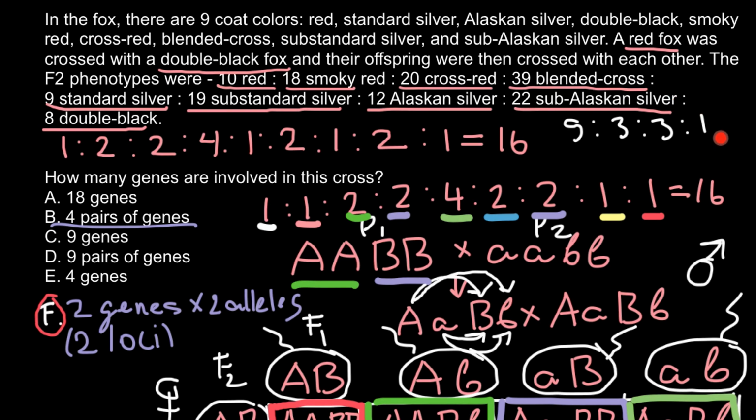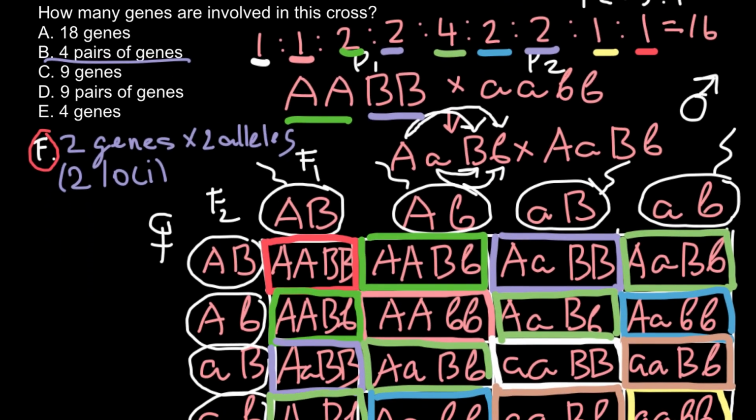If we add all these numbers, we get 16. Within the last month, I also showed you different videos with other ratios that also would give 16 if we add all the phenotypes. For example, 12 to 3 to 1 also would give us 16. So this is going to be a strong hint how to solve such a problem.